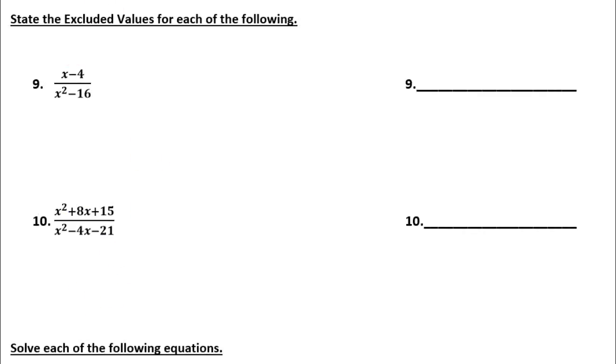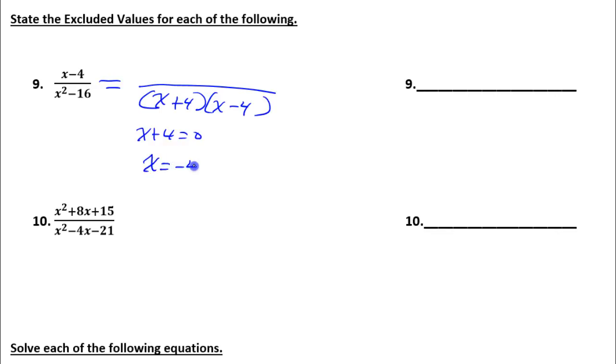Number 9 and 10 are simply asking about excluded values. The denominator cannot equal 0, so the excluded values are all about the denominator. So here, this factors as x plus 4 times x minus 4. So these two factors will give us excluded values. If I set x plus 4 equal to 0, that gives me x equals negative 4.